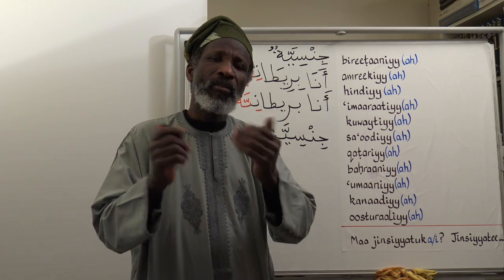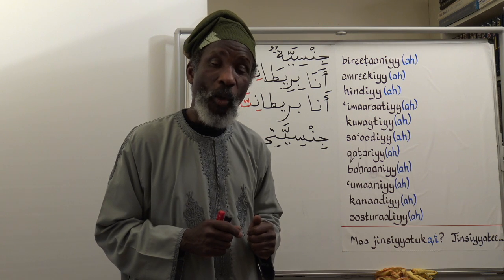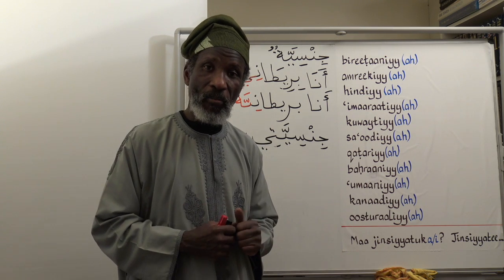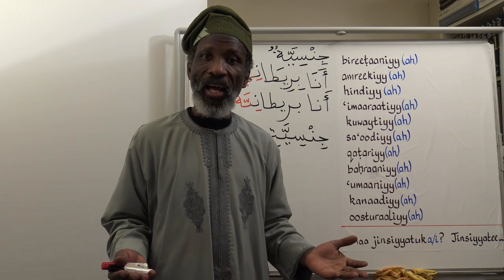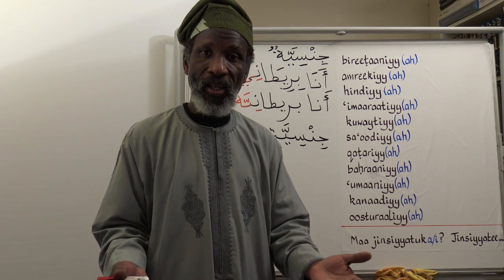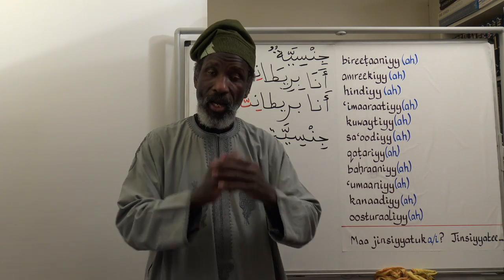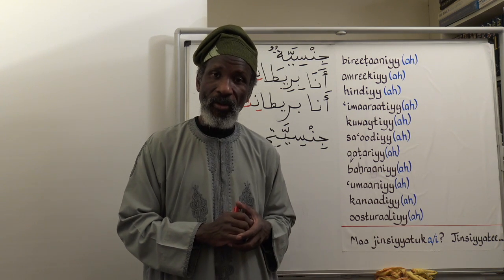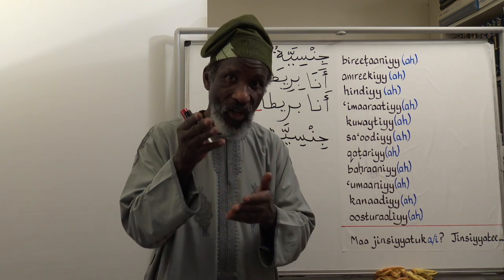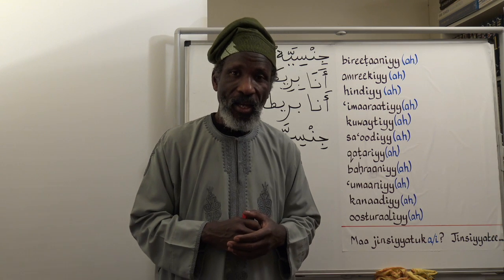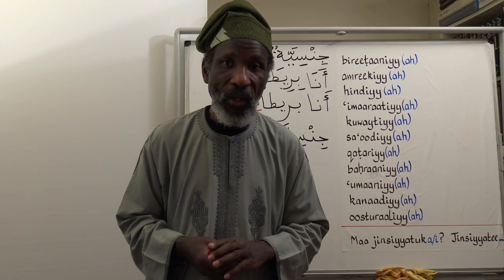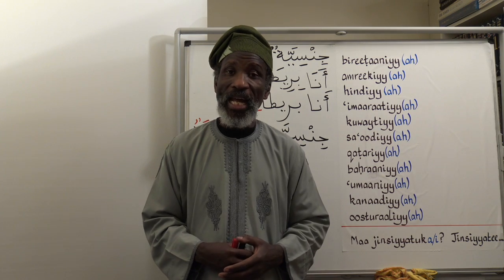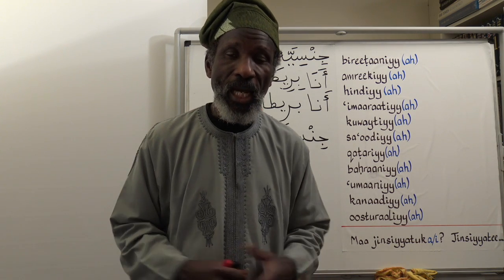So, min aina anta, where are you from? Min aina anti, where are you from? You say, ana min America. Ah, anta Amerikiyun? Naam, ana Amerikiyun. If I'm speaking to you and you are a female, I will say, min aina anti? You say, ana min America, or min al-Wilayat al-Muttahidat al-Amerikiyya.